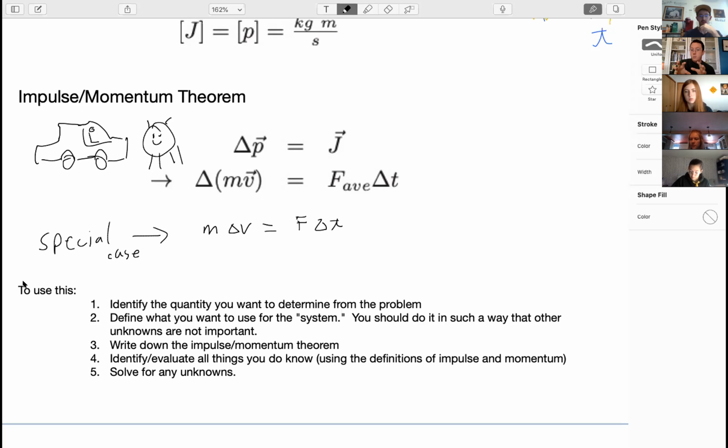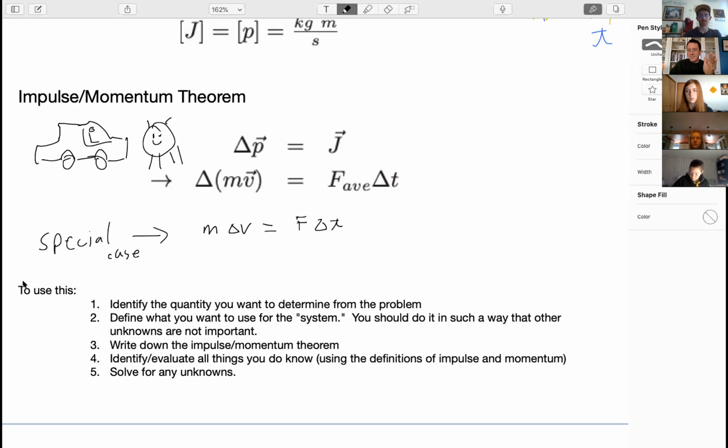Once you identify what you're trying to find, what number you're trying to determine, then you want to group the things in the problem to define a system, and you want to do that in a way so that the thing you're trying to find is the only unknown in the problem, and everything else you need is given.